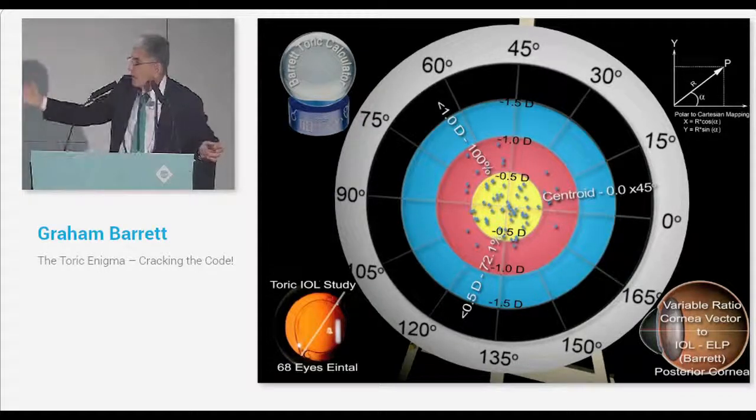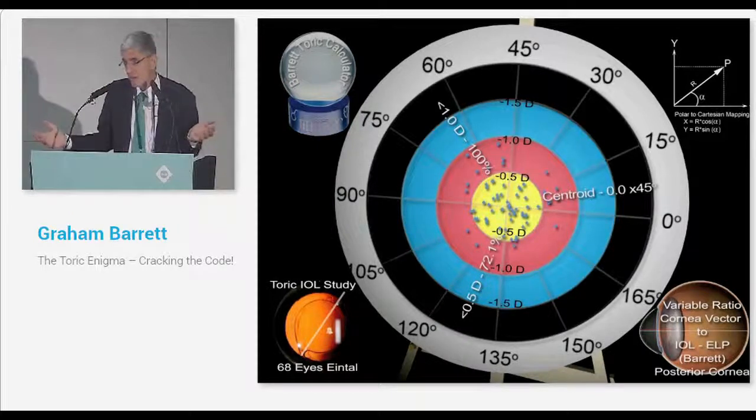So this is not like Rick was suggesting just now, small incremental changes. This is a vast difference, 72% versus 35% of patients within a half diopter. It's not a small difference. Now, we've submitted this data. It's been accepted for publication, and hopefully will be published in JCRS shortly.